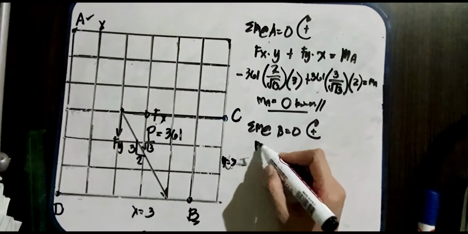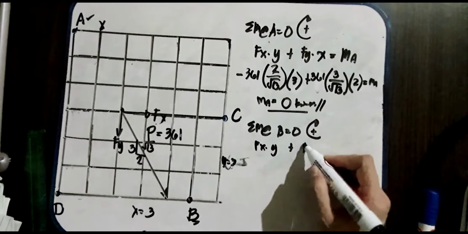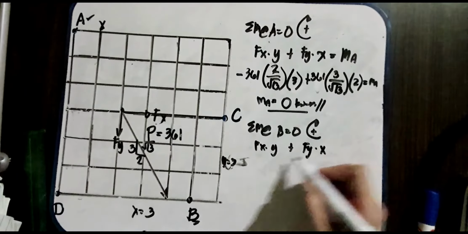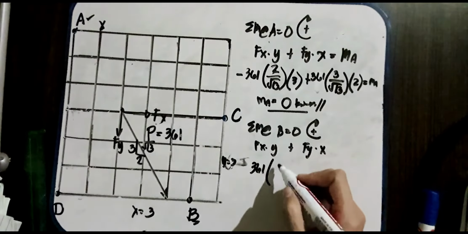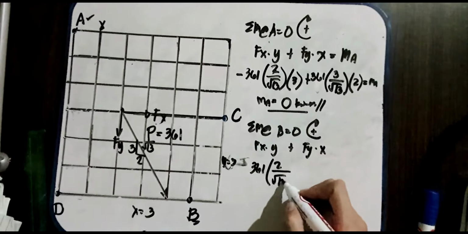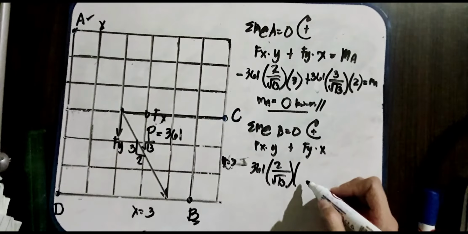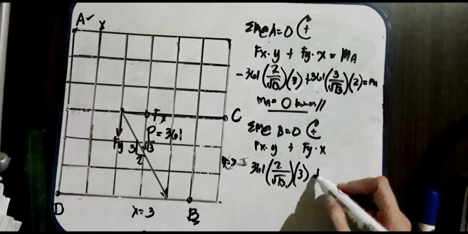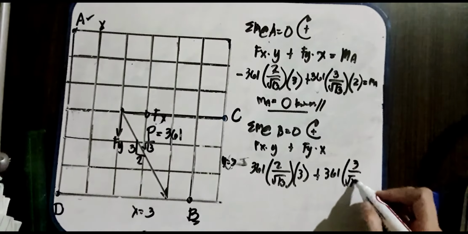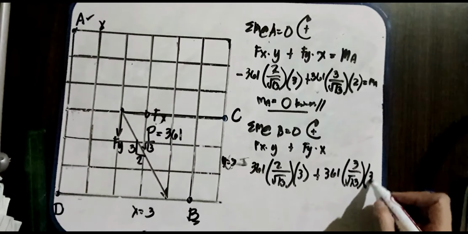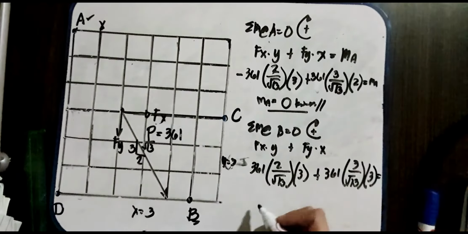Kunin natin yung fx multiplied by y plus fy multiplied by x. So what is your fx? So same lang, 361 multiplied by 2 over square root of 13. Okay, multiplied by natin yung distance, which is 3, plus 361 times 3 over square root of 13 multiplied by also 3. That is your moment B.